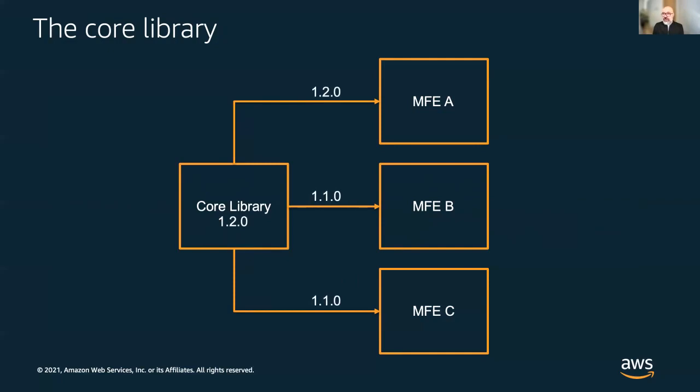But suddenly you need the 1.2 version. And with the 1.2 version, the team responsible for microfrontend A can immediately work with it and implement it. But all the others are a bit slow because the backlog is pretty huge and they cannot take more work on board. So in that case, you need to realize if you can live with this situation, and therefore it's not a big deal, or you must have all the microfrontends using the same thing.